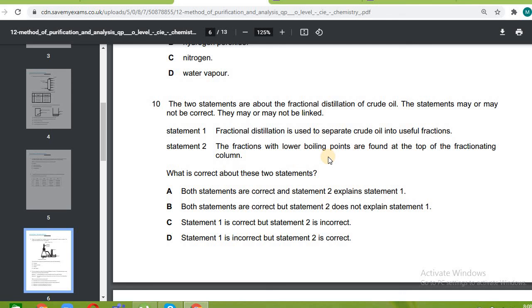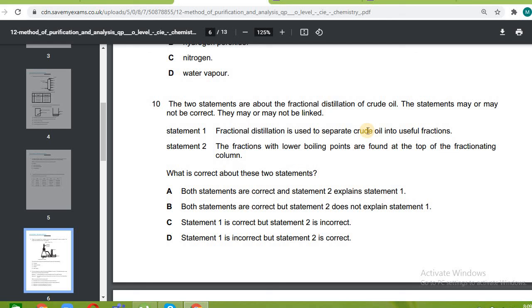Question number 10 is telling us about two statements. The first is about fractional distillation, which is a technique to separate different fractions of petroleum, and the second statement tells us that the fractions with the lower boiling point are found at the top of the fractionating column. Both statements are correct, but statement 1 is not explaining statement 2, because statement 1 just tells us that fractional distillation is used to separate different fractions of crude oil.